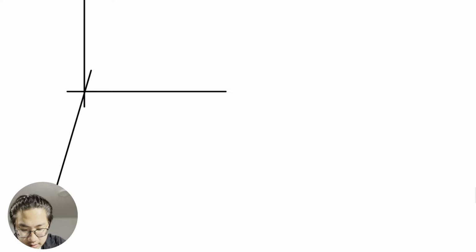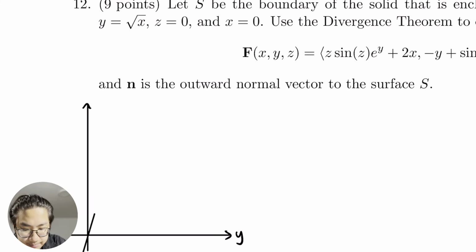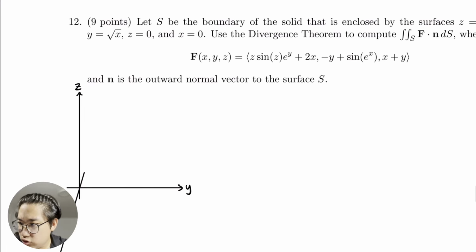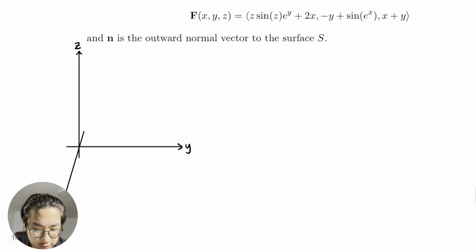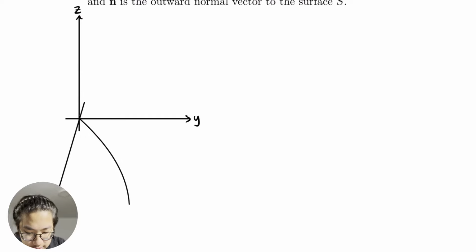Okay. So this is our x, this is our y, this is our z. Okay. So first, I guess we can start by sketching the bottom portion over here. It's going to look something like this.